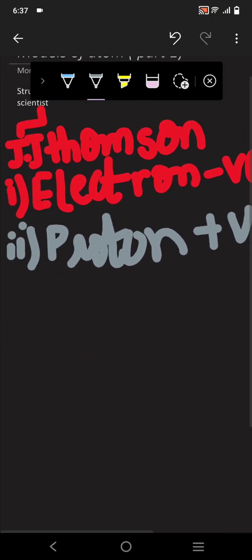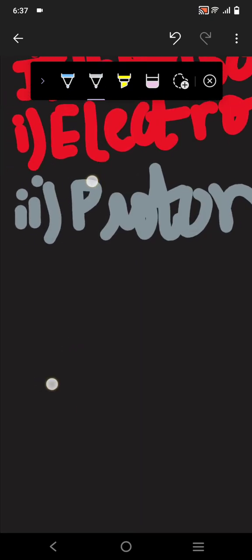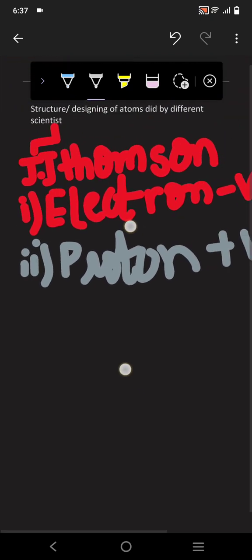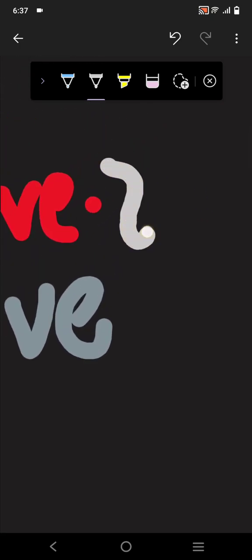His third point was that electrons and protons are in the form of pairs.